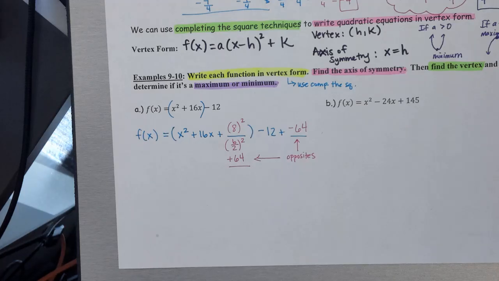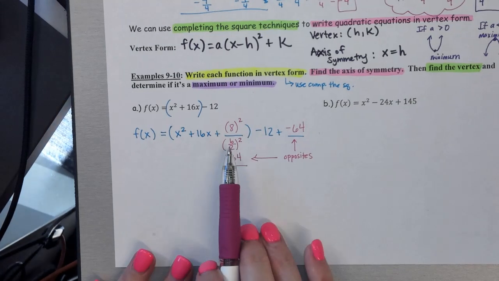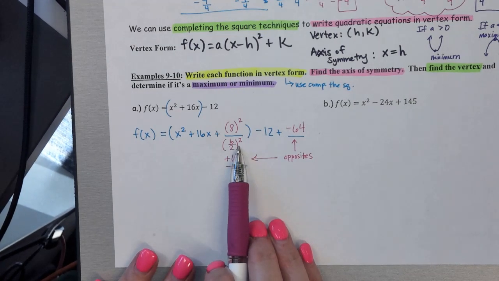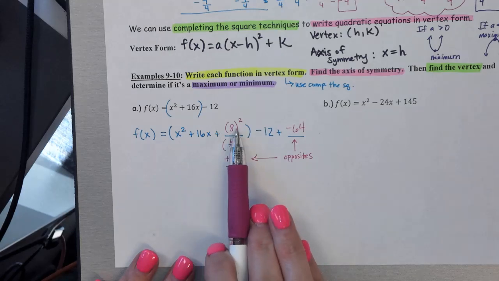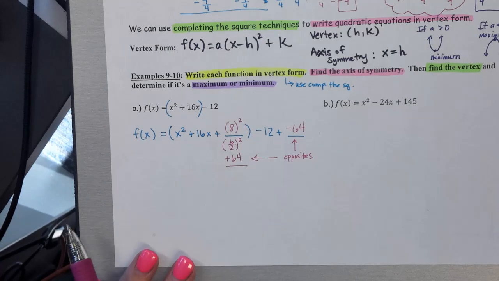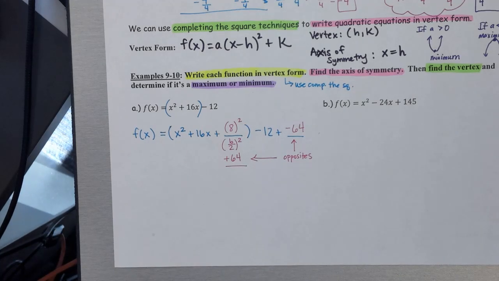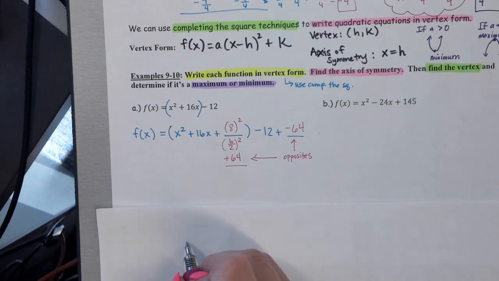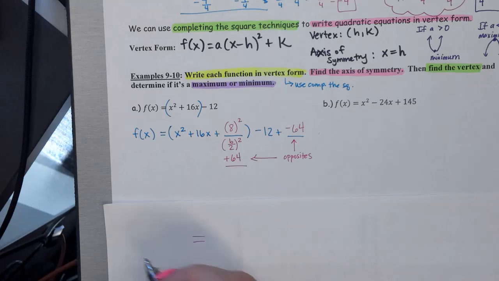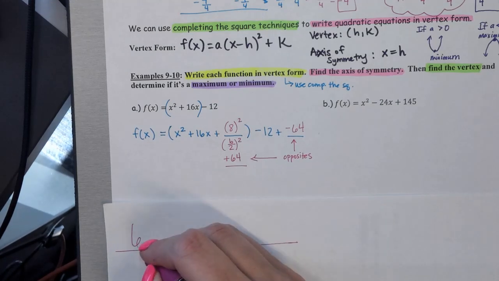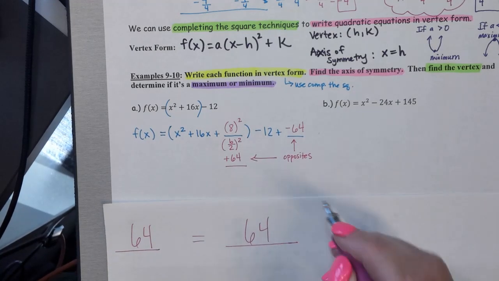I'll give you guys a chance to write it down. All right, so you're still using b over 2 squared. So 8 squared. What you did on this side is you added 64. Because you're working on the same side of the equation, you have to think of this as a scale. Before, we were adding 64 to one side, 64 to the other.